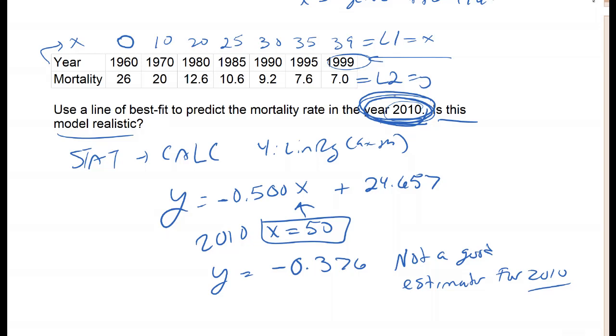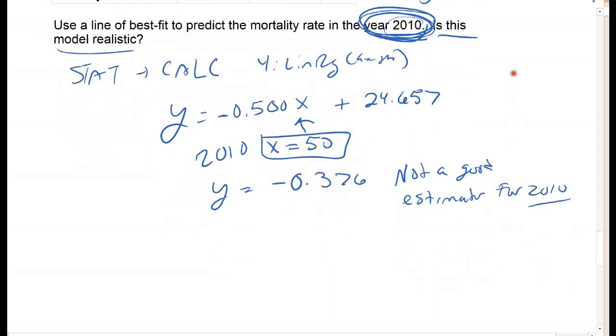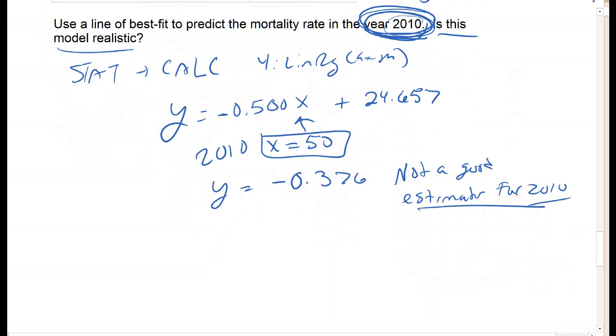The second thing is, if you understand mortality rates, as technology and health services get better, mortality rates tend to slow down. But they never zero out, so they don't follow a linear path. They follow actually more of a logarithmic path. And so this is not really a good fit for this particular type of question. It's not a good estimator for that.